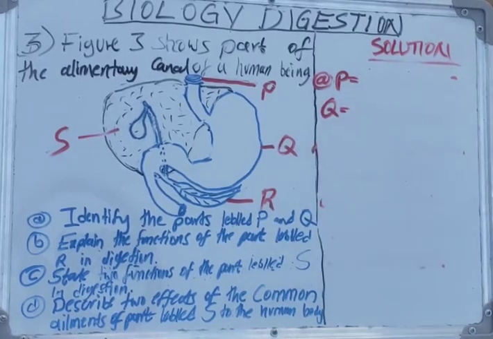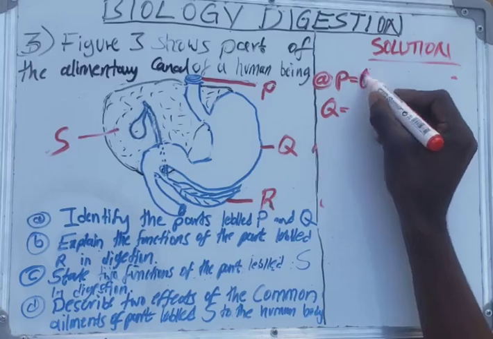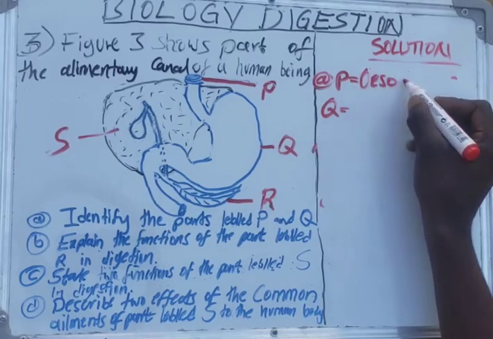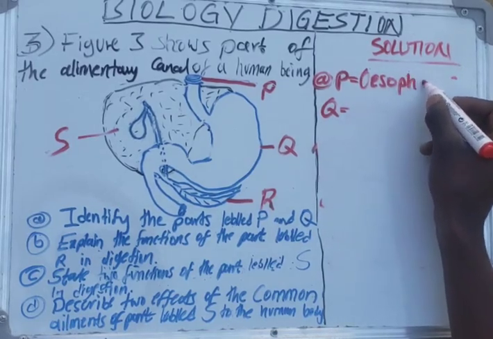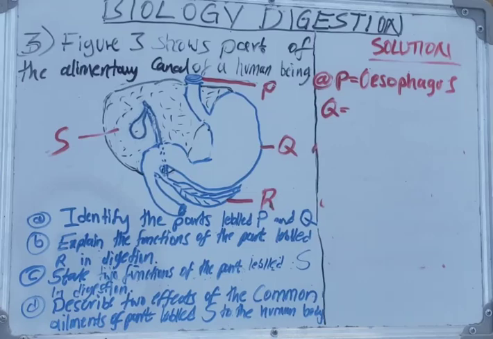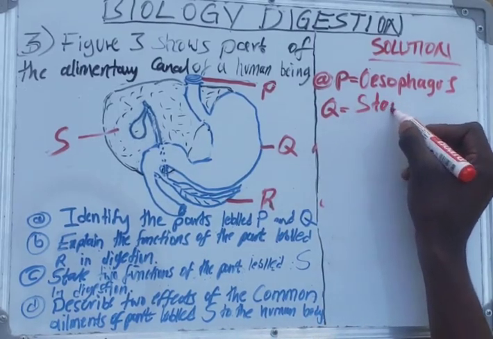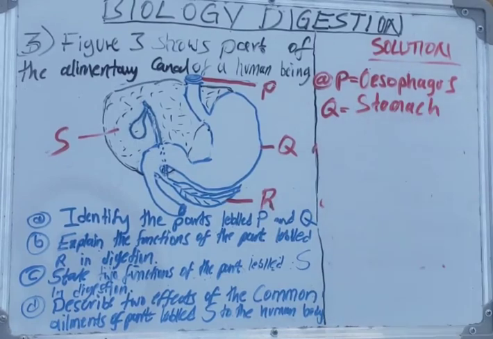P is the esophagus, the tube which links the mouth and the stomach. Then Q is the stomach.